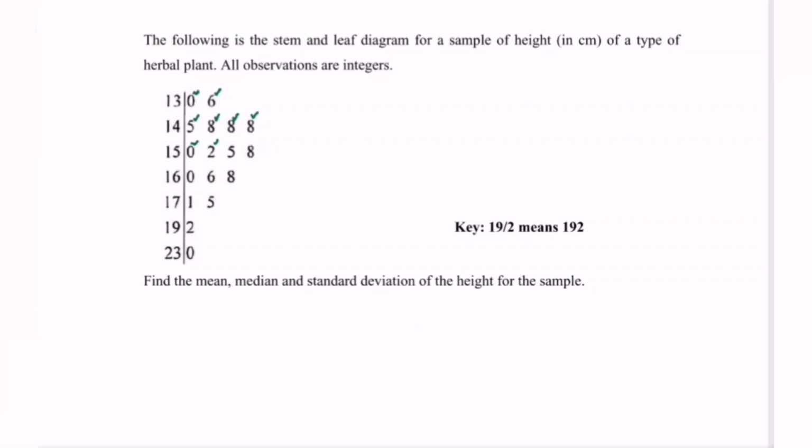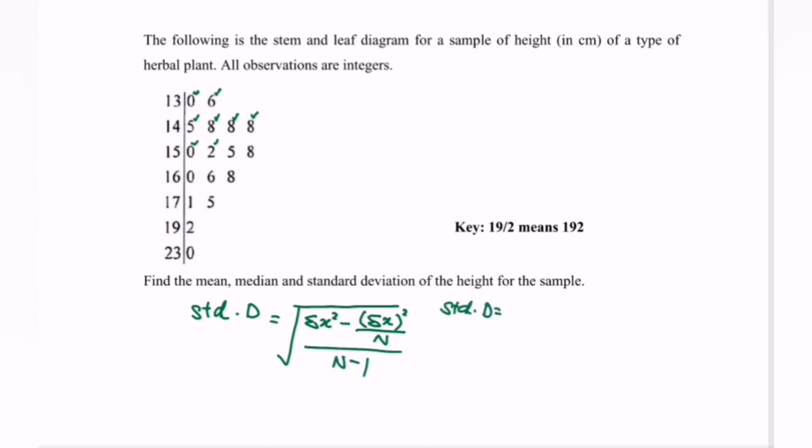Next is to find the standard deviation. The formula is the square root of the summation of x squared minus the summation of x, bracket squared, over n minus 1. So the standard deviation is equal to the square root of the summation of x squared. Meaning each term, 130 squared added to 136 squared added to 145 squared, and keep on repeating until 230 squared.